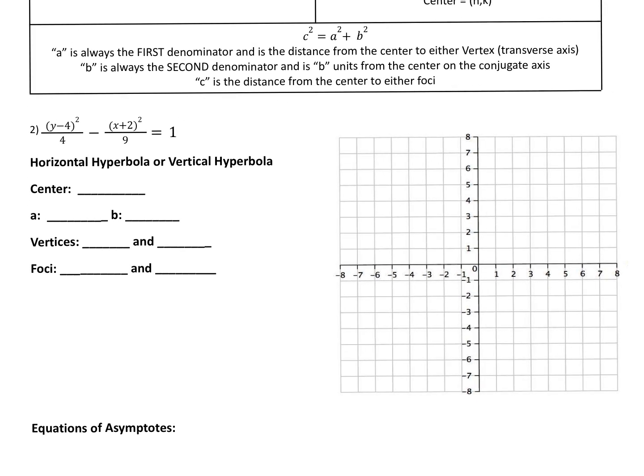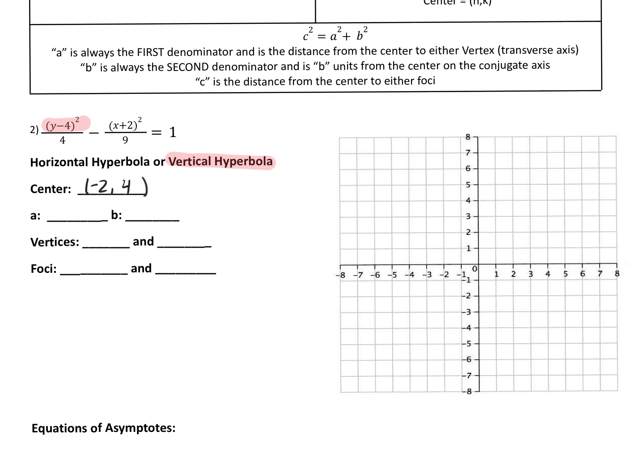So we know this is a vertical hyperbola because the y squared comes first. Center is still the same as if it was a circle. The x comes first, then the y. So the x is a positive 2, so in the equation we make it a negative 2. X comes first. Then the y is negative 4, so the y is 4.